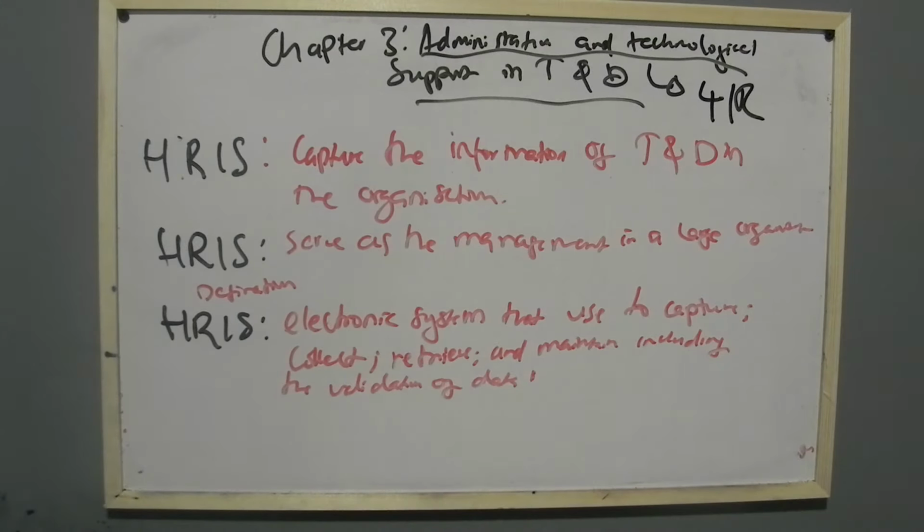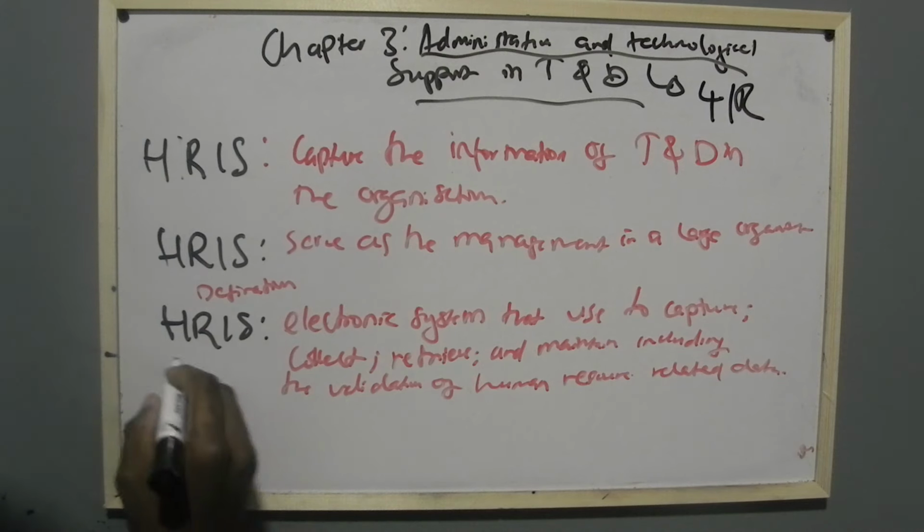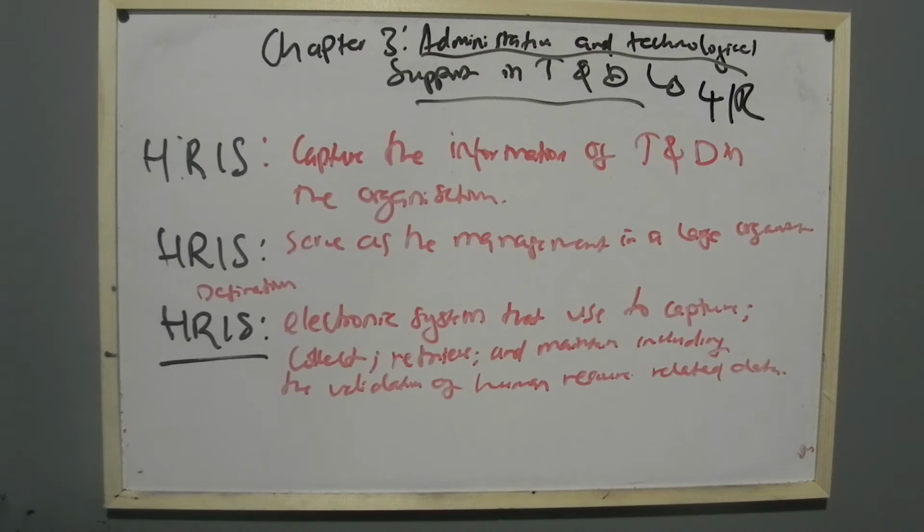So this is the electronic system that is used to capture, collect, retrieve, maintain, store and validate human resource related data. This is what we do with the human resource information system.